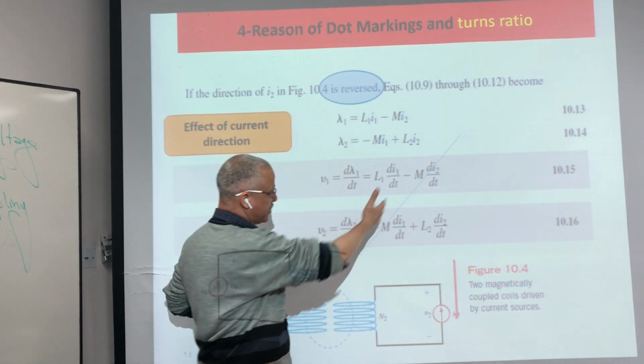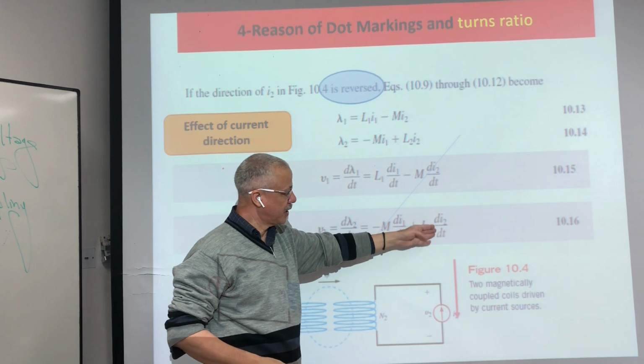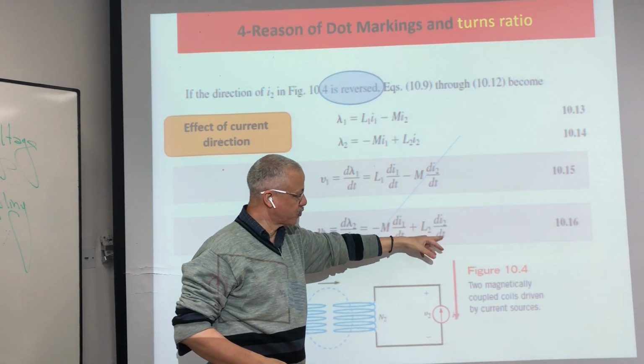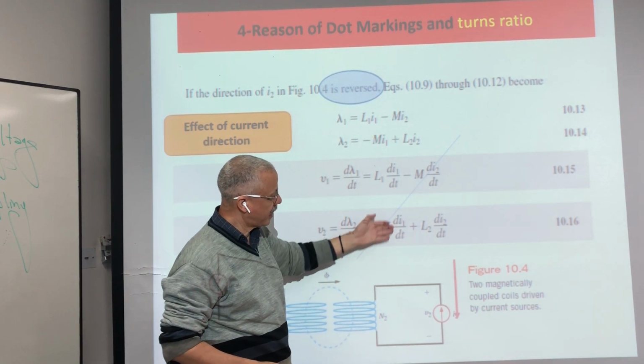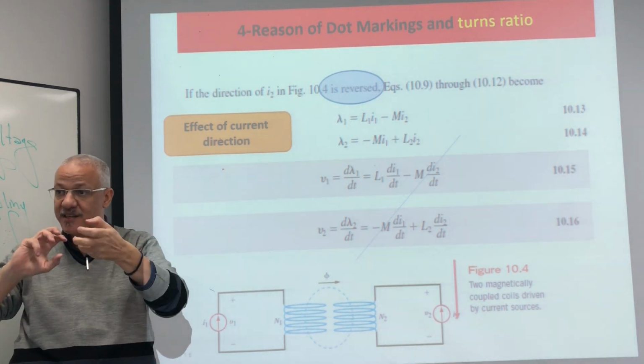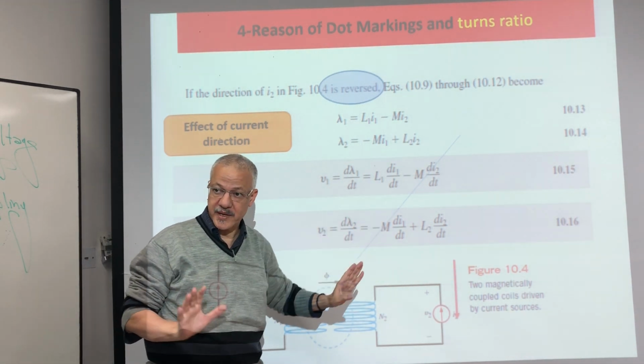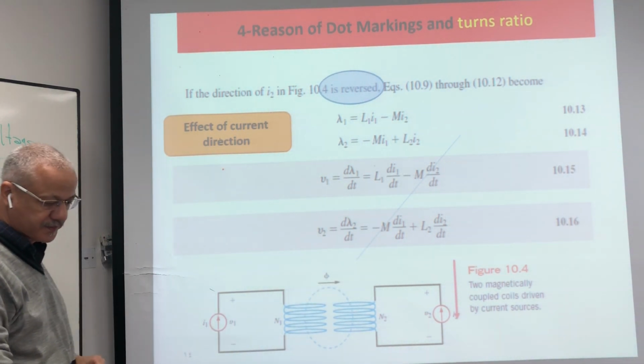So we can put minus here. So V2 equal L2 di2 by dt minus M di1 by dt. It's clear? So if we reverse the current, the mutual will be negative.